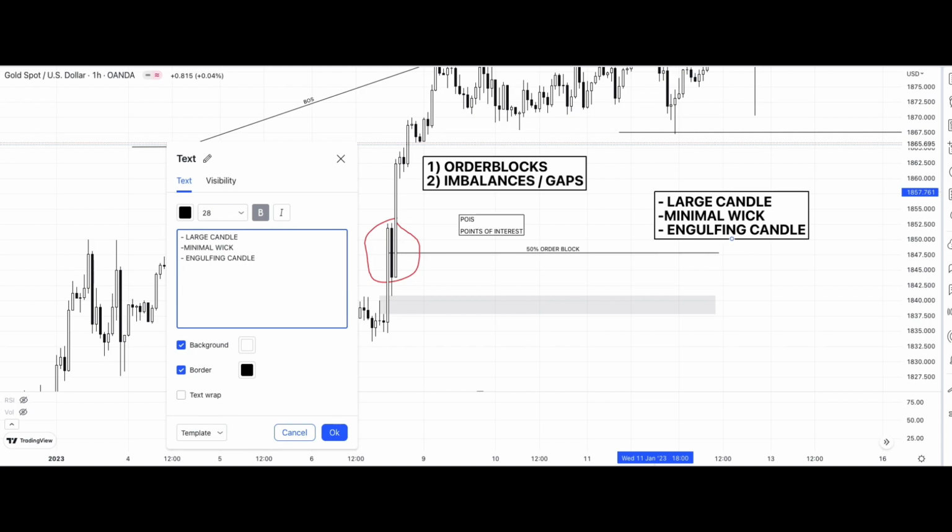And here's another one. When you're trading order blocks, you want to use a tool called the Gann box, which I'll show you here in a second. And you want to draw a line at the center, at 50% of that order block. So as you can see right here, that line, it says 50% order block, is at the direct center of that block, those two engulfing candles.